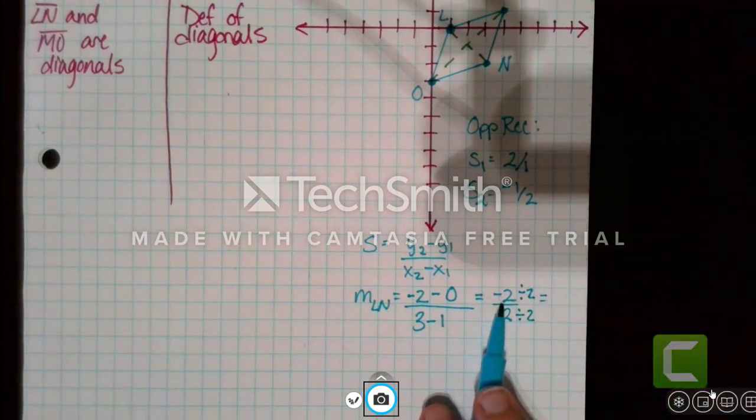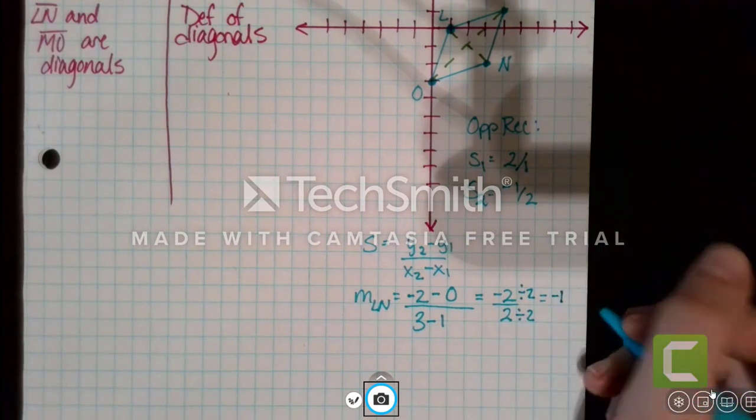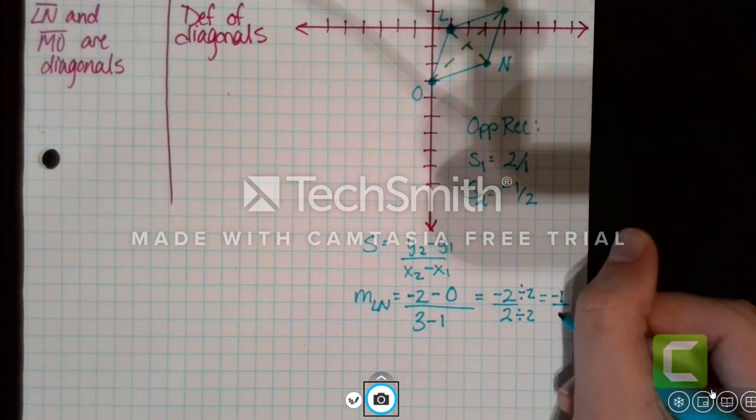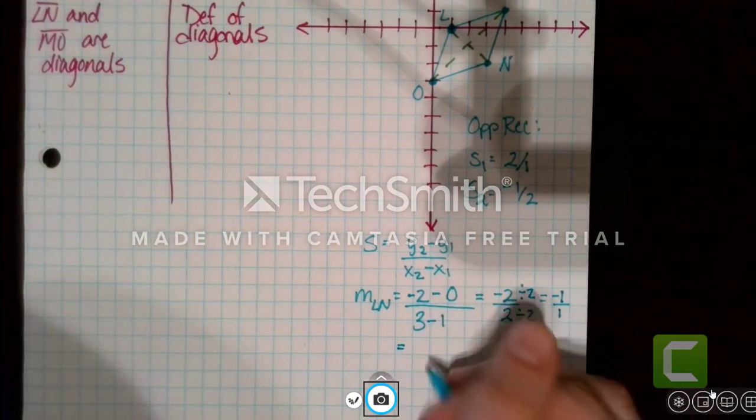Negative 2 divided by a positive 2 gets us a whole negative 1, and positive 2 divided by positive 2 gets us positive 1, which means that your final slope for LN is negative 1.